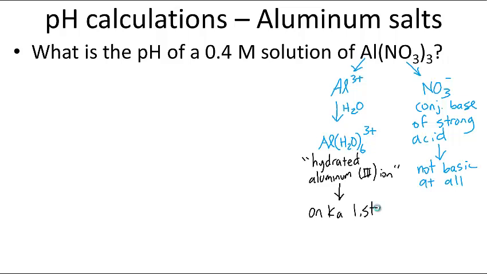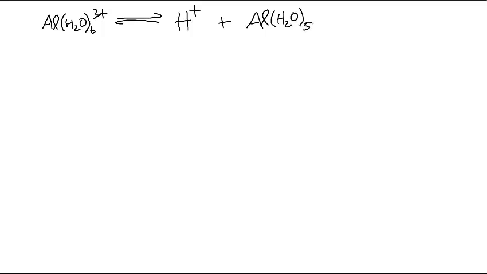So the equilibrium that we're going to look at is Al(H2O)6 3+ dissociating into H+, and, well, if you think about what's left behind, we have aluminum. It's bonded to how many full water molecules now? 5. And OH. And the total charge now is 2+.